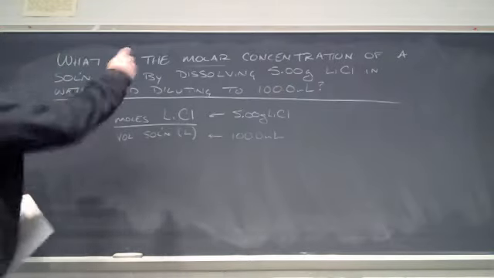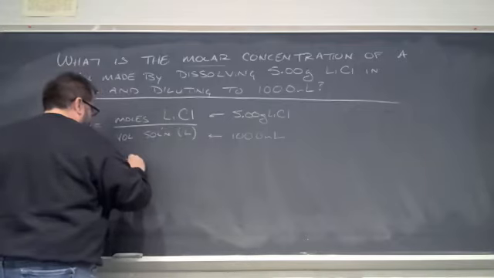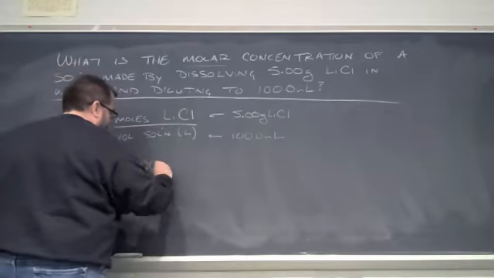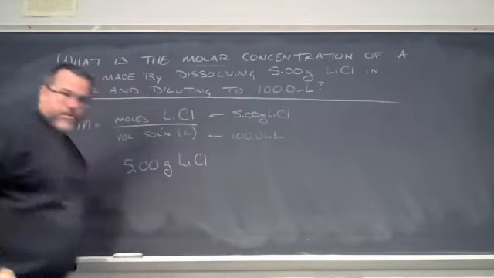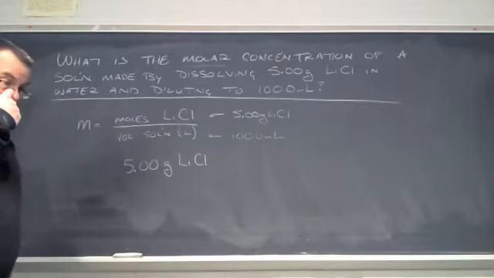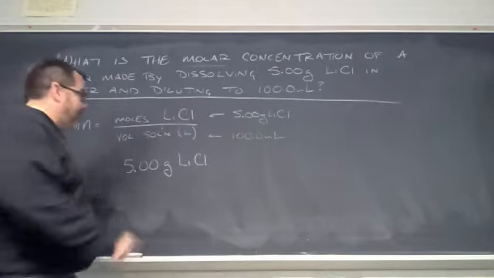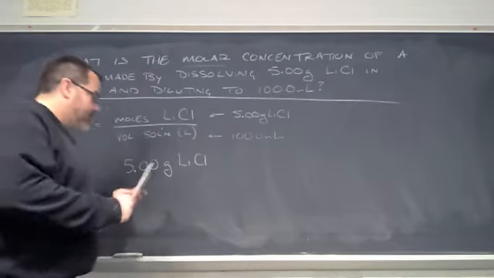Okay. So let's take lithium chloride first. And if you remember back from when we were doing our stoichiometry, talking about mass and moles and things like that, we can use the molar mass as a conversion factor.